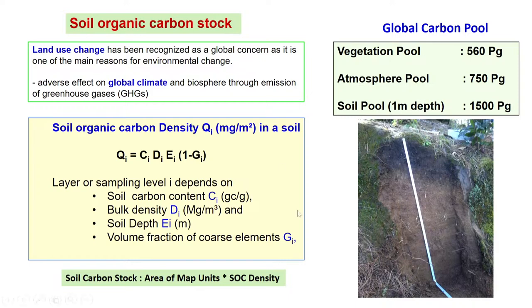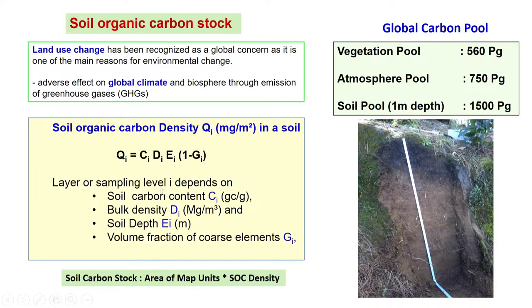Then the question comes: can we estimate the stock of the carbon in the soils? So soil carbon stock can be estimated, how much stock is there. It can be estimated by the area of the map units, the soil map units, and the carbon density, SOC density, in that map unit.